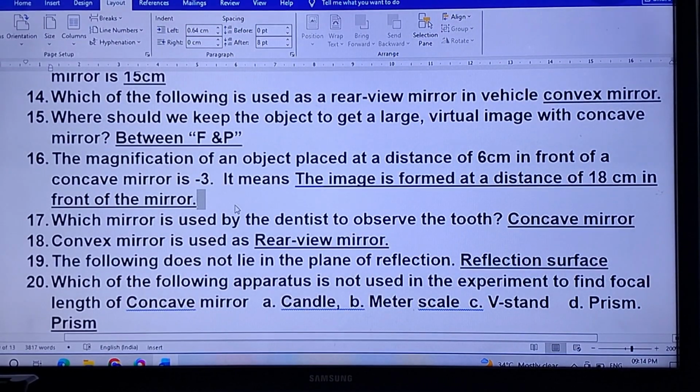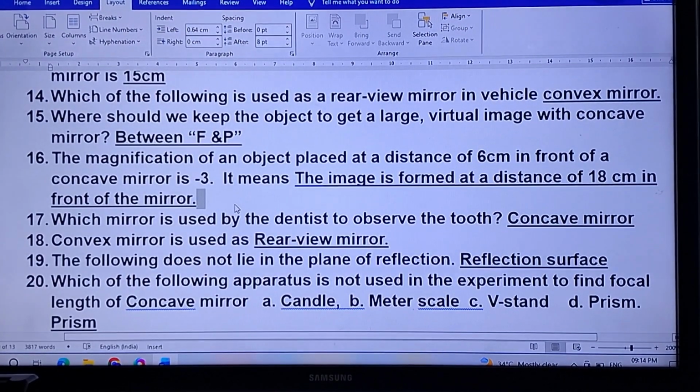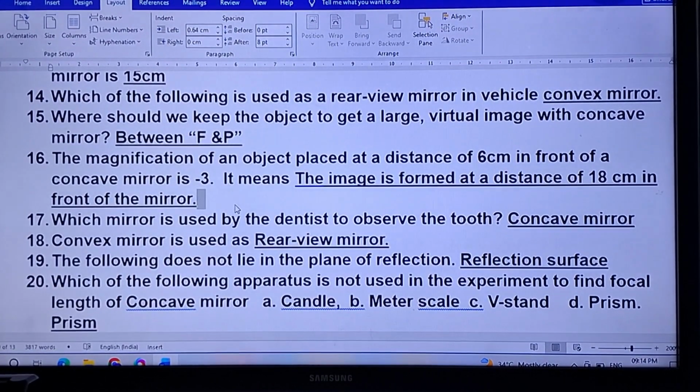M is -3, and the object distance is 6 centimeters. M is equal to minus V by U, so minus V by 6 is equal to -3. So V is 6 into 3, that is 18 centimeters.